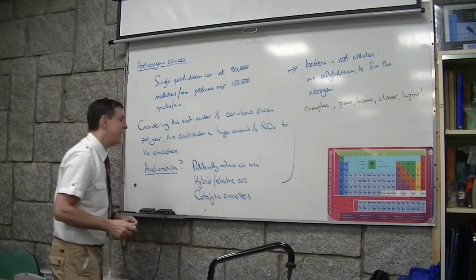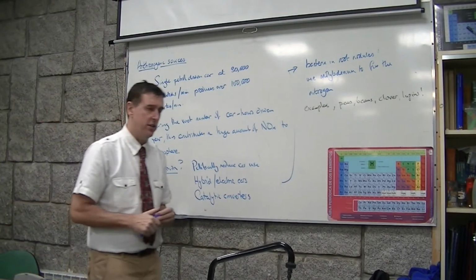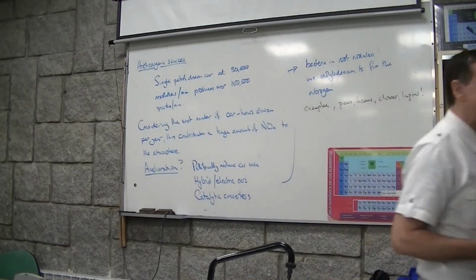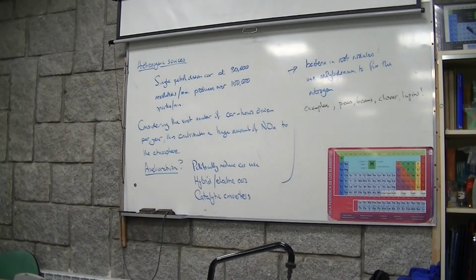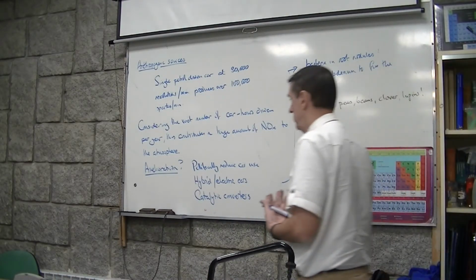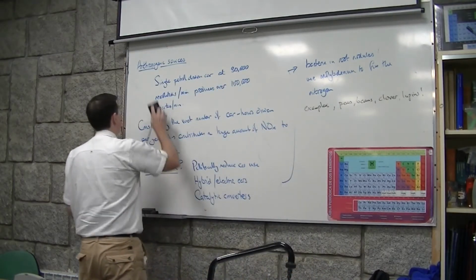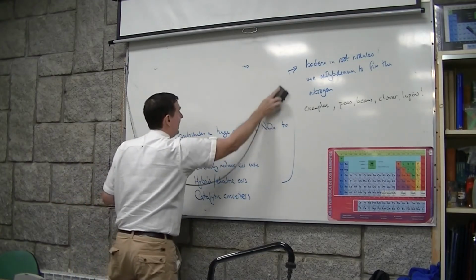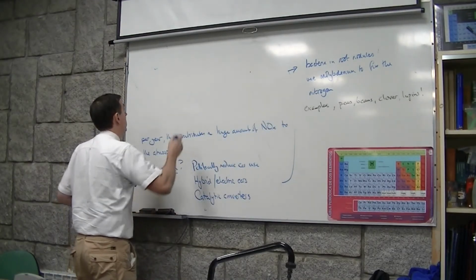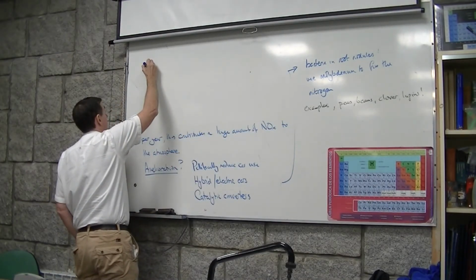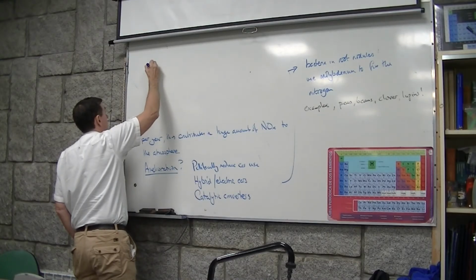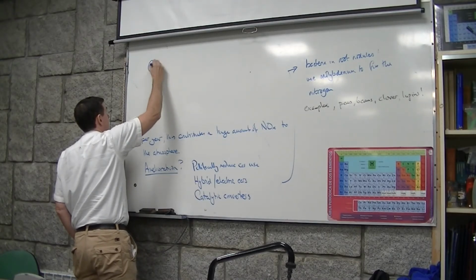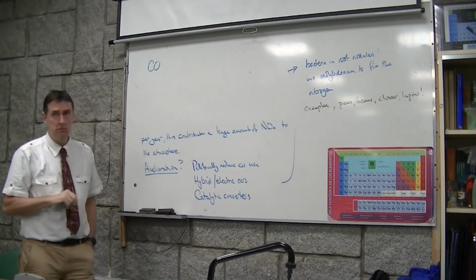A catalytic converter. What a catalytic converter does is it takes the exhaust gases that are coming out of the car and reacts them using a platinum or rhodium catalyst. For example, one of the gases that comes out of the car is carbon monoxide.